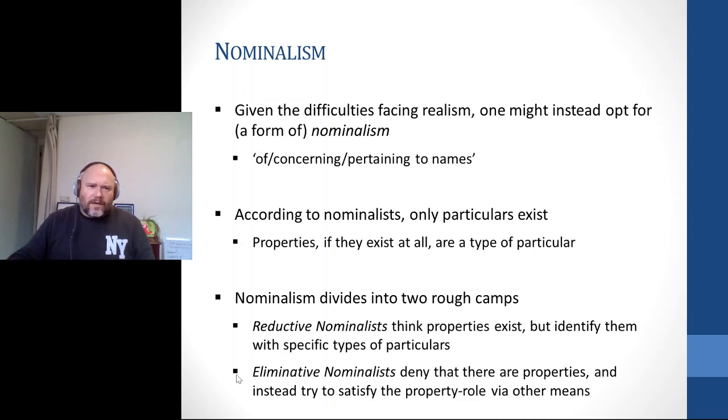So, again, both kinds of nominalists deny that there are universals, these special entities that there can be one over many of. The reductive nominalist still believes in properties, just says they're not universals, they're different particulars. Whereas the eliminative nominalist says, I don't believe in universals and I don't believe in properties. So let's talk through forms of reductive nominalism and then we'll move on to eliminative nominalists.